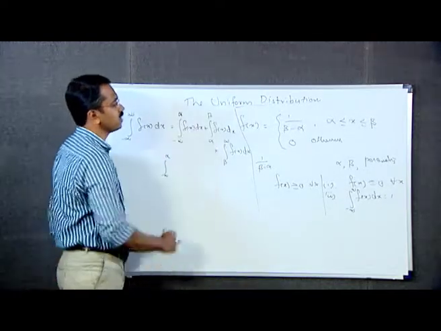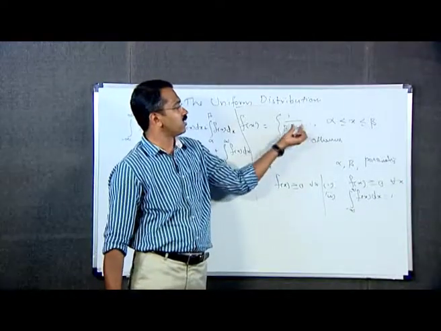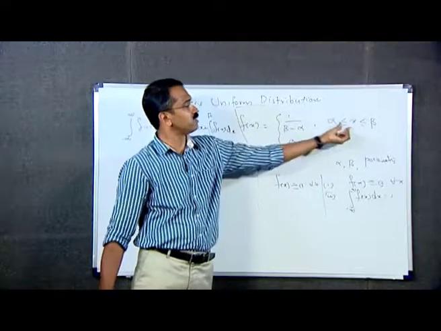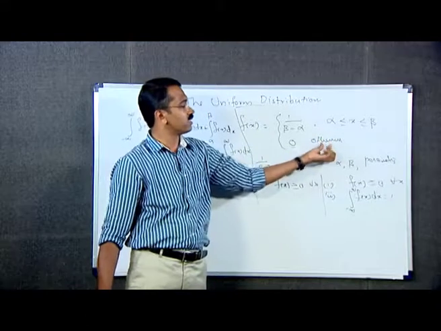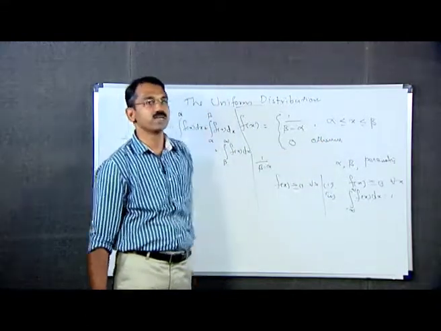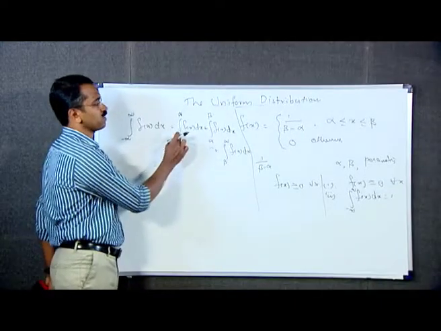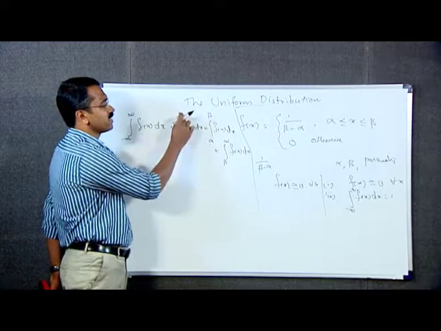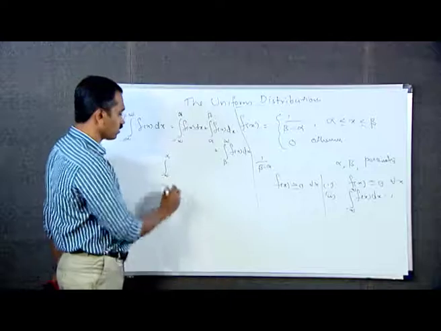Here the function is 0 because the function f of x is equal to 1 by beta minus alpha is defined for x in between alpha and beta, and in all the other cases the function is defined as 0. Therefore here the limit of integration is minus infinity to alpha, means x is less than or equal to alpha. In that case the function is defined as 0.